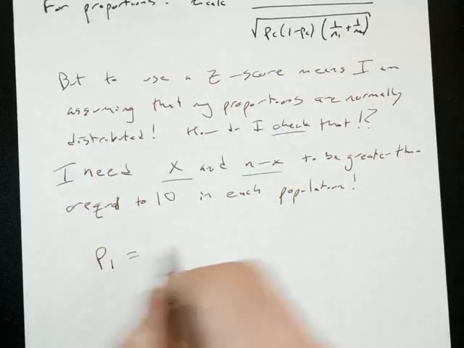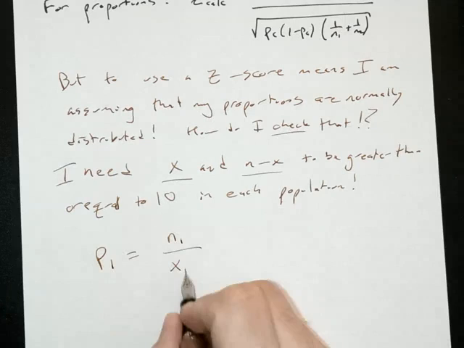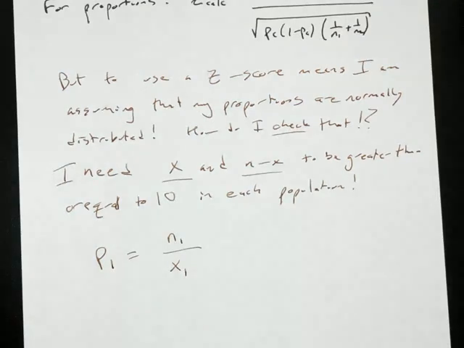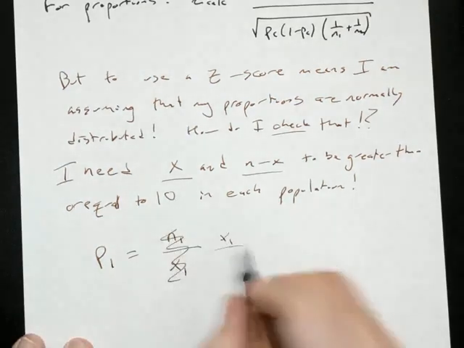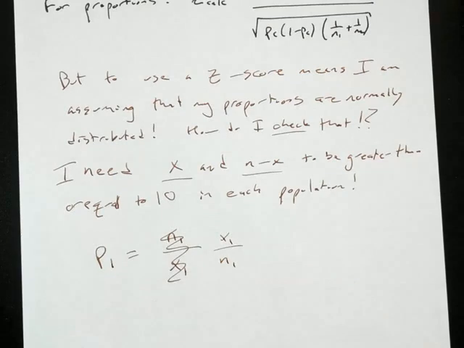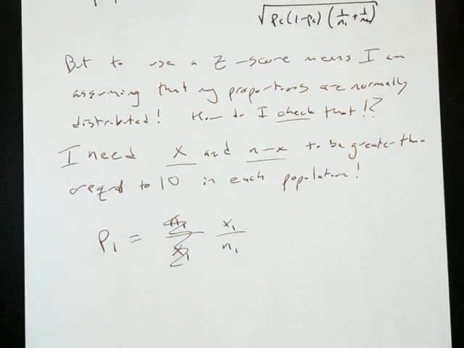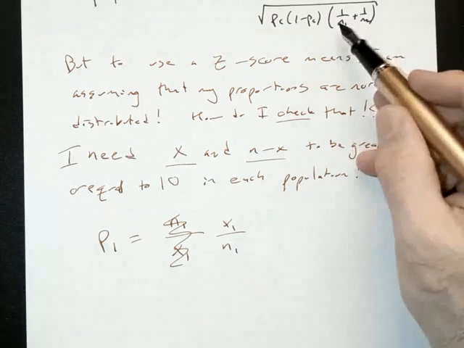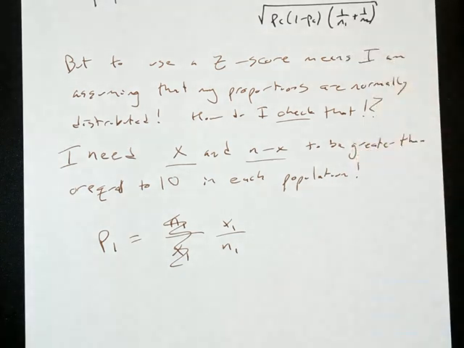So proportion 1 is X1 over N1, the number of times my thing happened, the thing I'm checking for, out of the total number. Well, then if I know what the proportion is and I know the population size, I can figure out X1, even if I don't know it to start with.